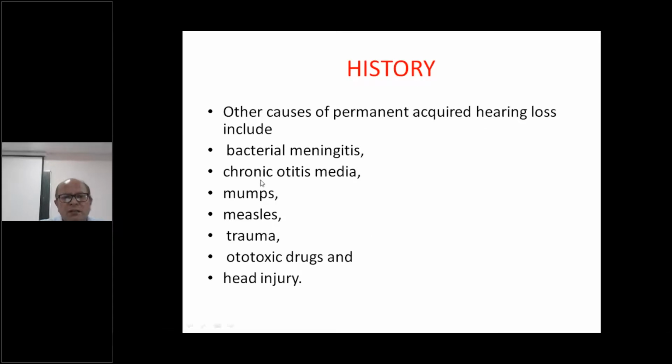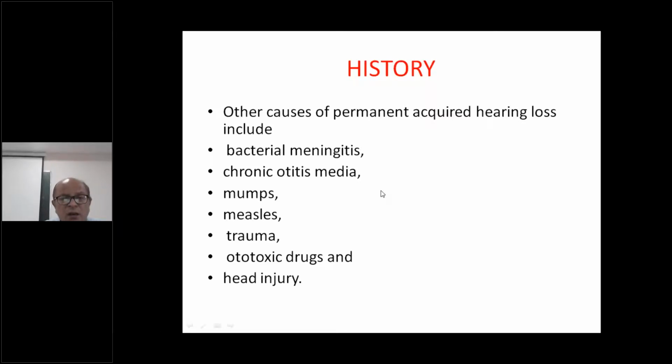Other causes are mostly bacterial meningitis, mumps, measles, trauma, ototoxic drugs, and head injury. Mumps and measles, we are giving vaccines to the child, so their prevalence has come down very drastically, but not bacterial meningitis.